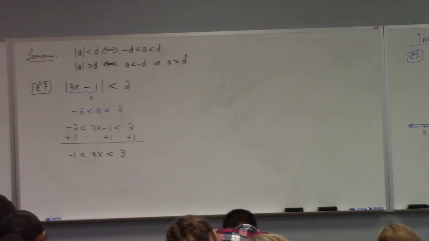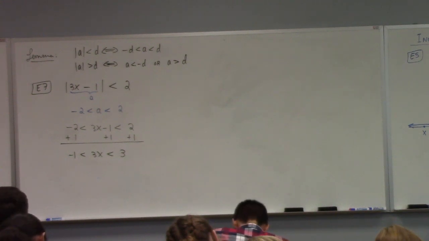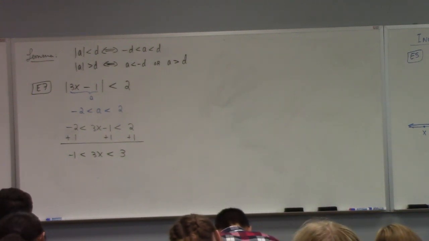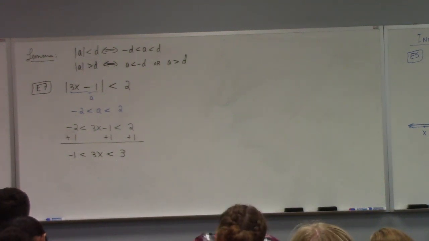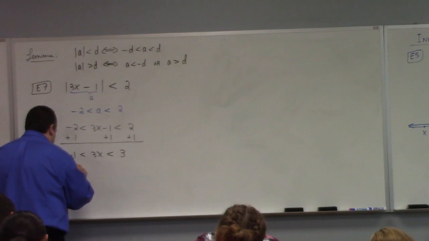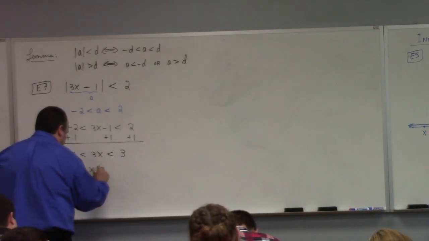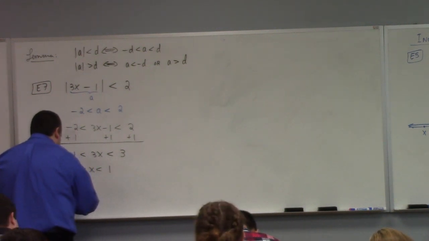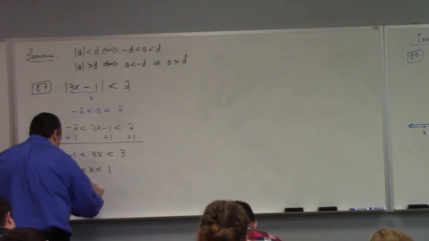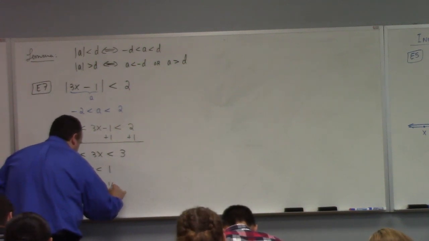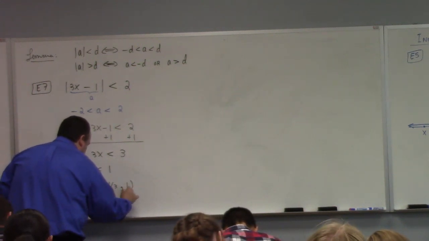Again, the goal, as usual, is to isolate x. Now what? Divide by 3. So we have minus 1/3 less than x less than 1. So the solution is equal to the interval minus 1/3 comma 1.